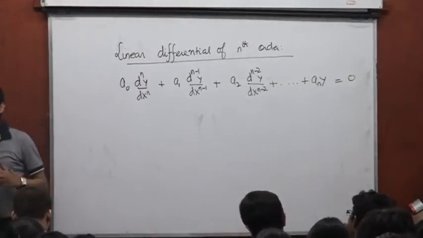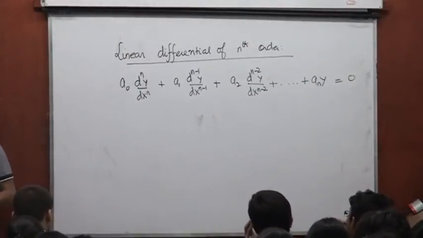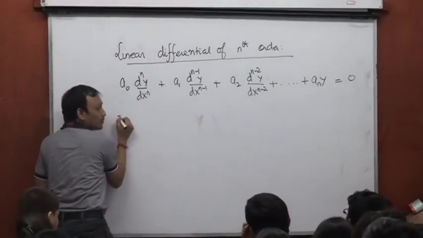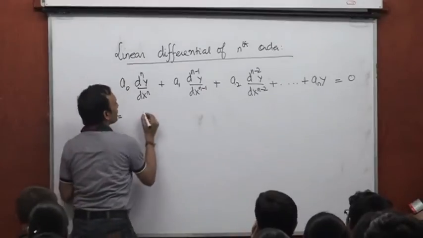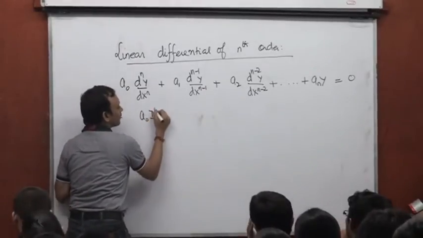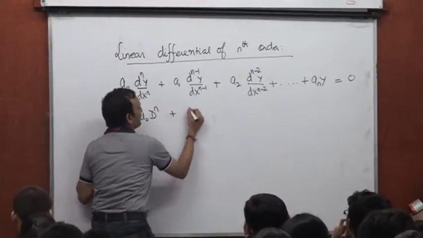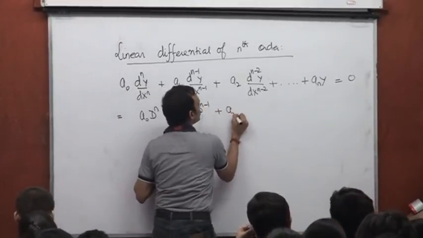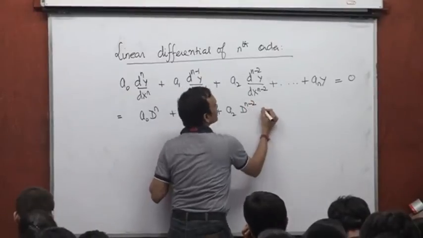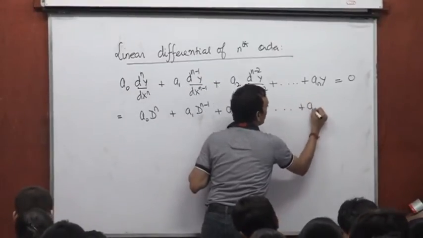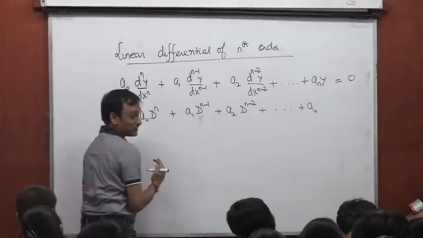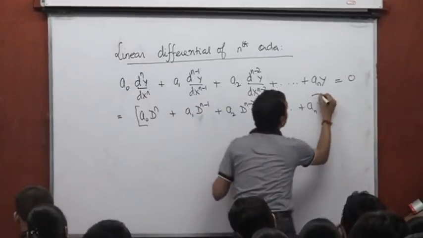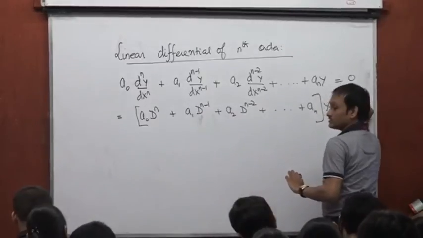This is a differential equation of order n and degree 1. In operator notation I could write this as a naught D^n plus a1 D^(n-1) plus a2 D^(n-2) plus an. This is an operator, the operator function F(D), and all of this acts on y to give me 0.